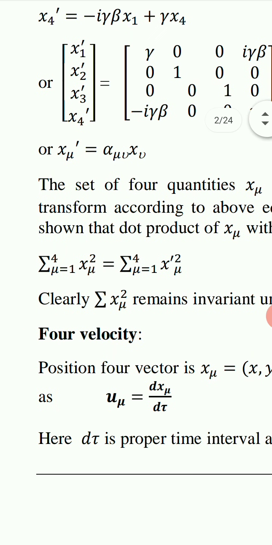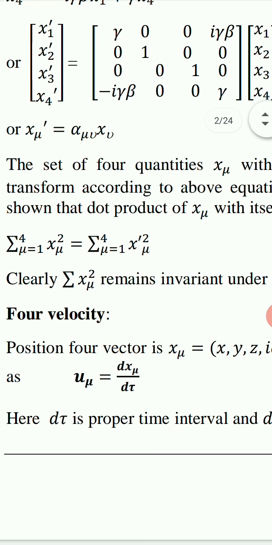By this equation we can now define a 4 vector. The set of 4 quantities x mu is a set of 4 quantities x1, x2, x3 and x4. Mu is equal to 1, 2, 3, 4, and similarly nu also equal to 1, 2, 3, 4.